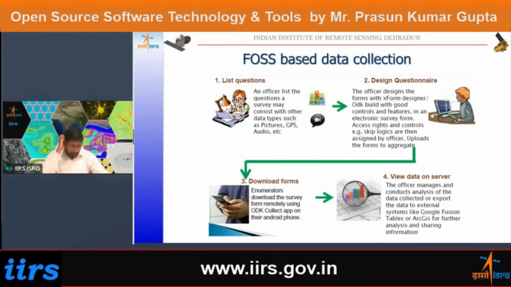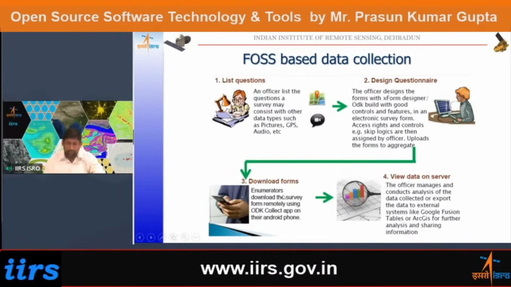Now, to do that, you start off simply the traditional way. You list out what things you need to collect, like the location, text data, numeric data, date, time, maybe a picture of the place, maybe some video clip or an audio clip, and then you upload this form to a specific software called Aggregate.